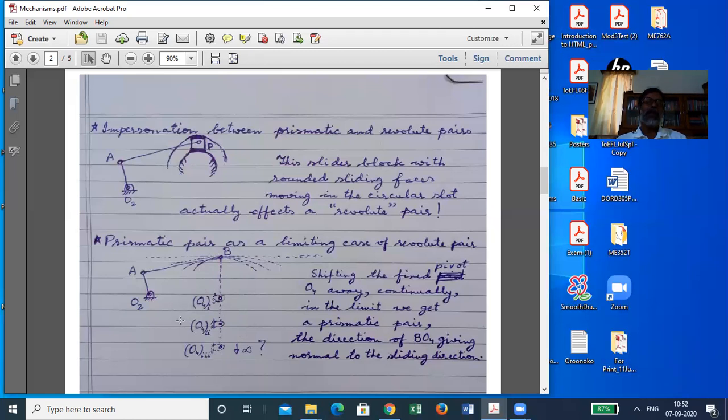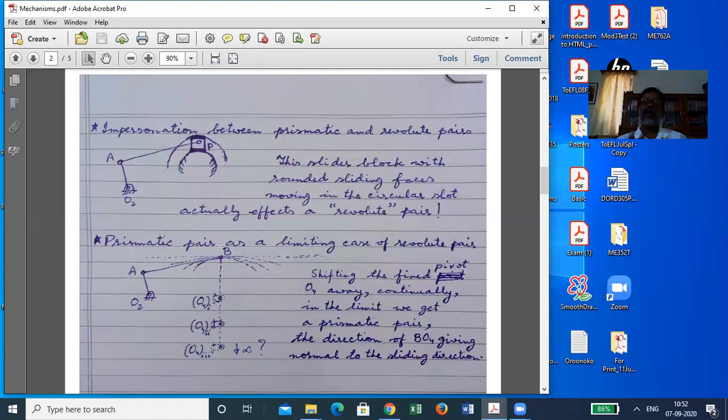Now when you shifted O4 to here, it became a wider arc. Then you shift it further down and it becomes a still wider arc. Like that, continue going. If you shift this to an indefinitely large distance, then the path of B will become almost flat.